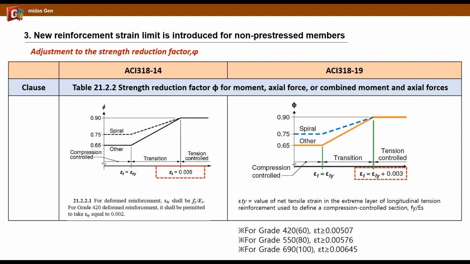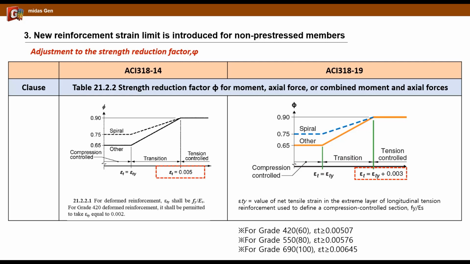Some members, such as those with small axial forces and large bending moments, experience net tensile strain in the extreme tension reinforcement between the limits of epsilon ty and epsilon ty plus 0.003. These sections are in a transition region between compression-controlled and tension-controlled.